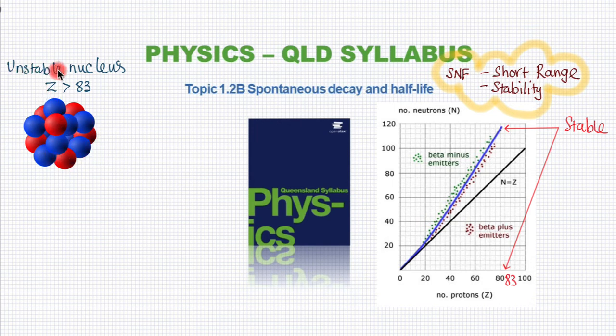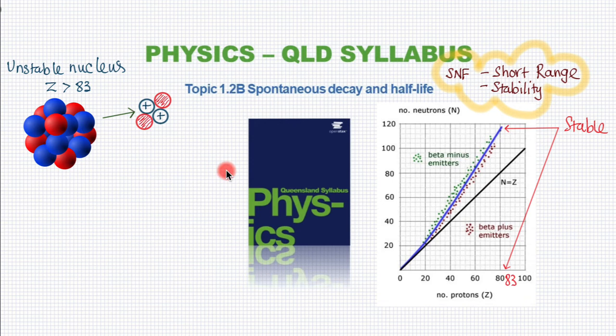And we say that any nuclei that have a proton number greater than 83 are generally going to become unstable nuclei. So all of these nuclei have a relative stability and would fall in the category of stable nuclei, but when we get beyond 83, you can see that the blue line doesn't extend any further than that point there at Z equals 83.